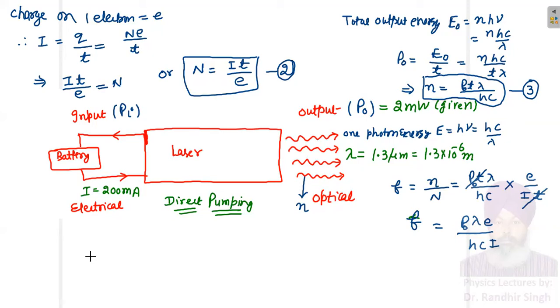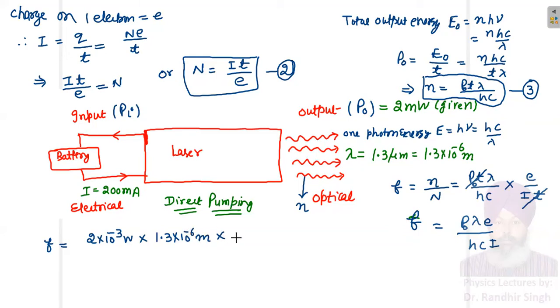Let us now put in the values. The value of P0 was 2 milliwatt, so it was 2 into 10 raised to power minus 3 watt, multiplied by lambda, which was 1.3 into 10 raised to power minus 6 meter.